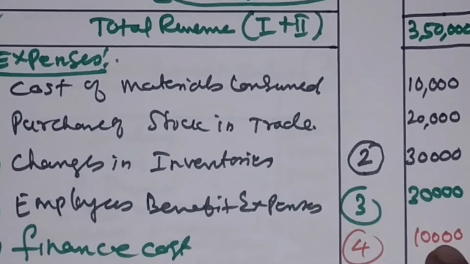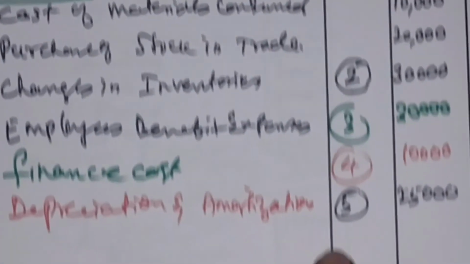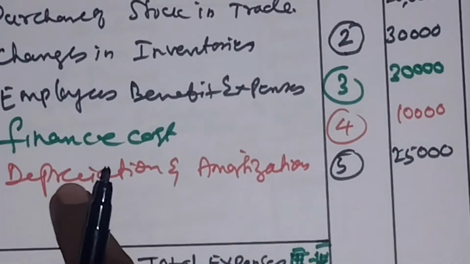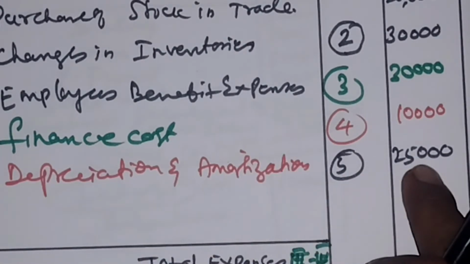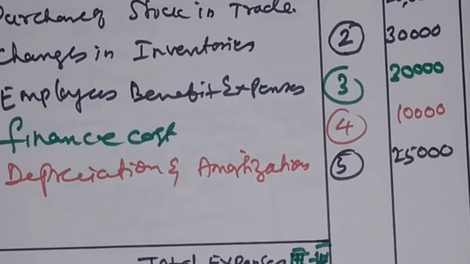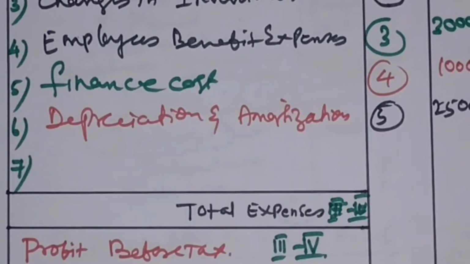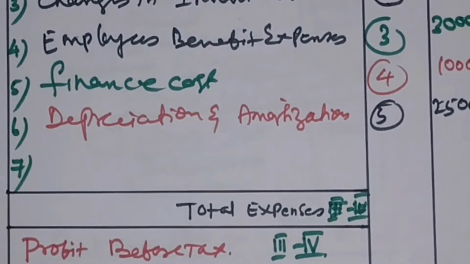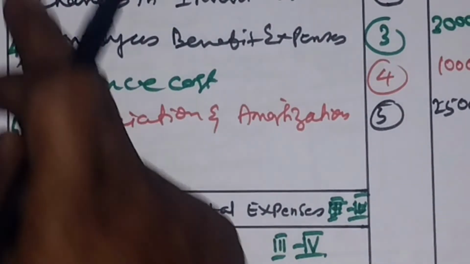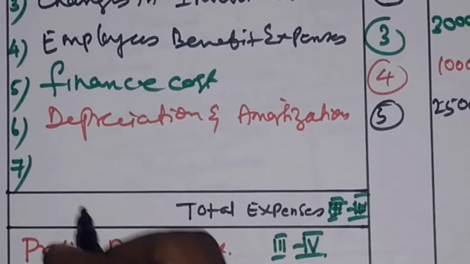Finance cost is called interest. And depreciation on tangible assets and amortization on intangible assets, put together 25,000. All the serial numbers are written for understanding purposes; it is not a must, but with the serial numbers we will remember everything.